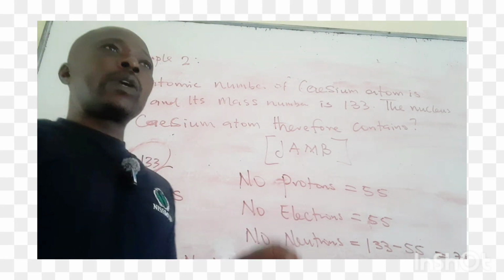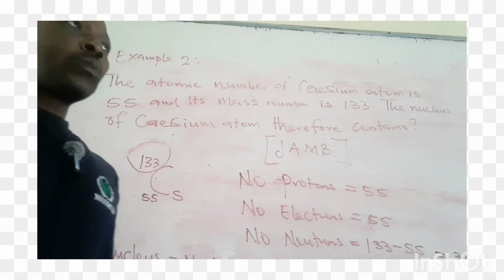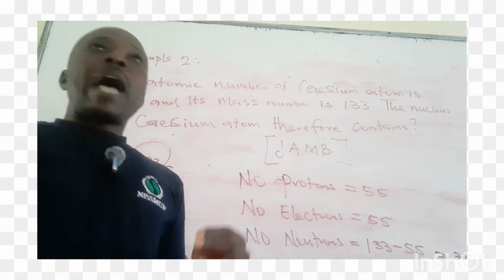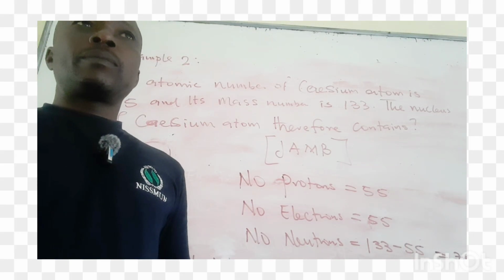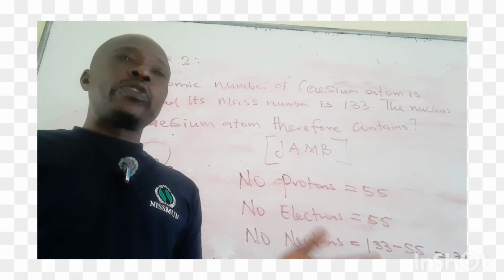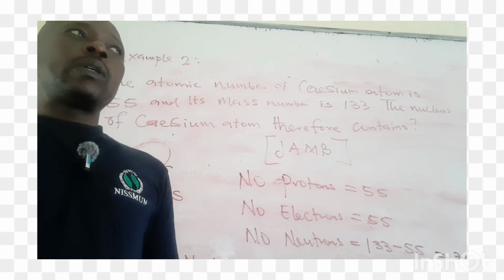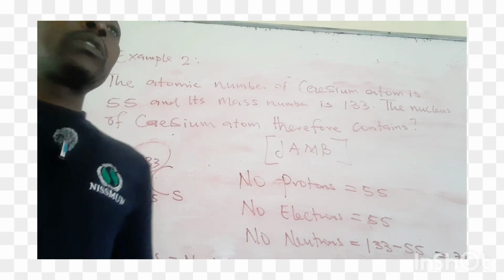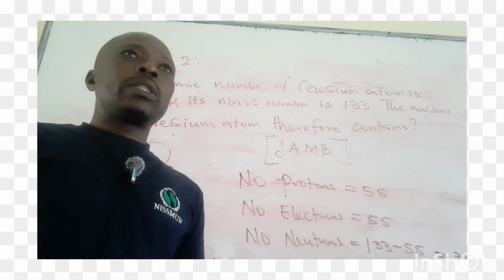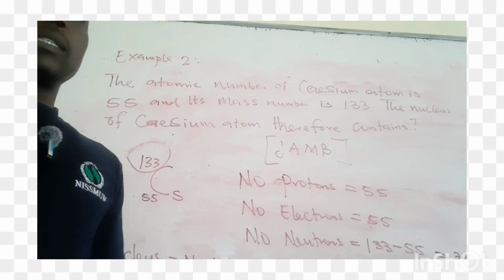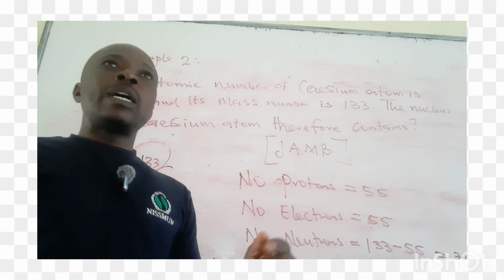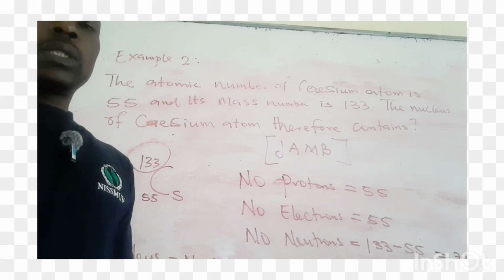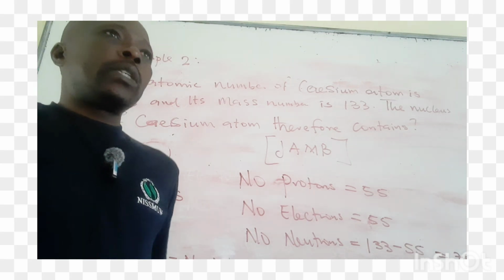The proton is located in the nucleus of an atom. The neutron has a mass of 1, a charge of neutral or 0, and is located in the nucleus. The electron is negatively charged, has a negligible mass, and is found in the atomic orbitals or electron shells.